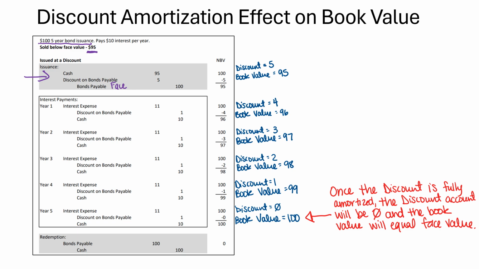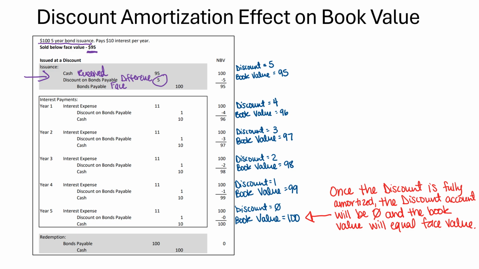The cash is going to be what was received, and the discount on bonds payable will be the difference between those two. So the $5 difference, that $5 discount, is what's going to be amortized over those 5 years.